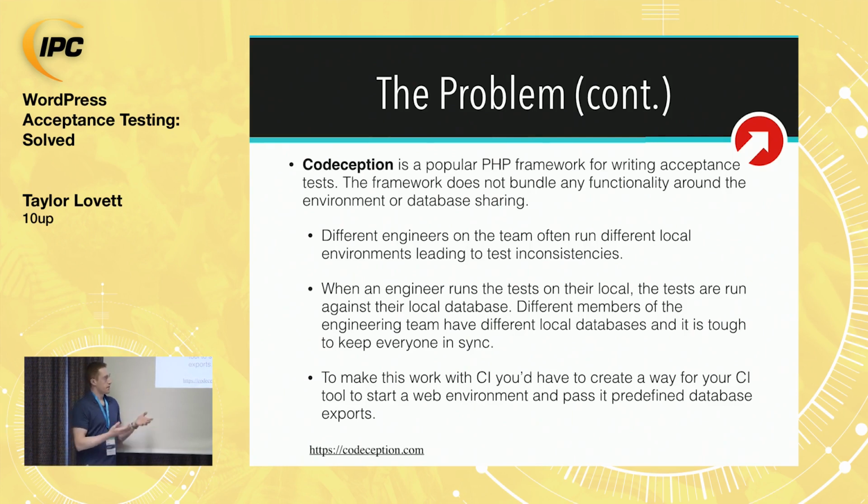And then for your CI pipeline, I want my CI pipeline to run these acceptance tests, but how am I going to have a web environment that my CI pipeline is testing against? How do we make sure the CI pipeline has the same database that all the engineers have? Those are the problems that we've run into that we weren't able to find a solution to with Codeception.